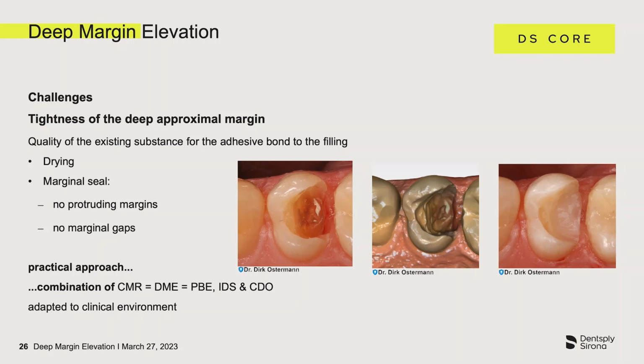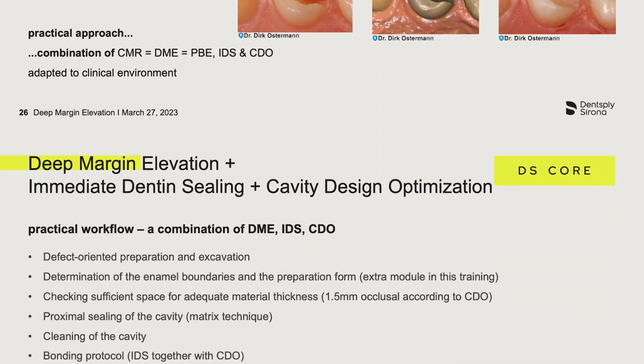In the practical approach, it now looks like a combination of the previously mentioned procedures: deep margin elevation, immediate dentin sealing, and cavity design optimization. These usually take place, of course, when adapted to the clinical circumstances in each case.